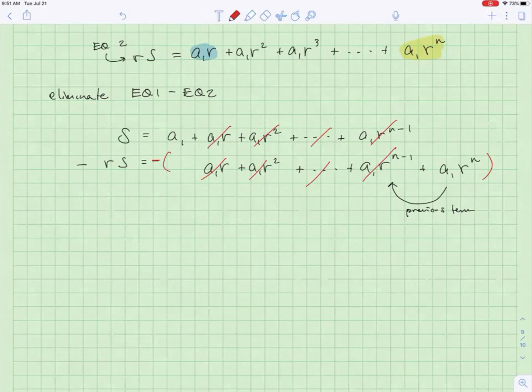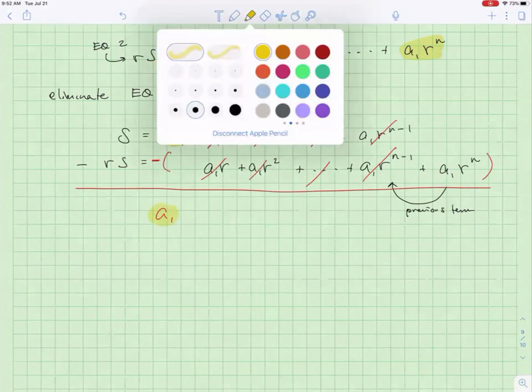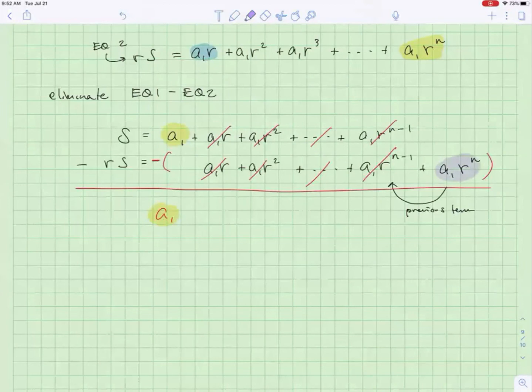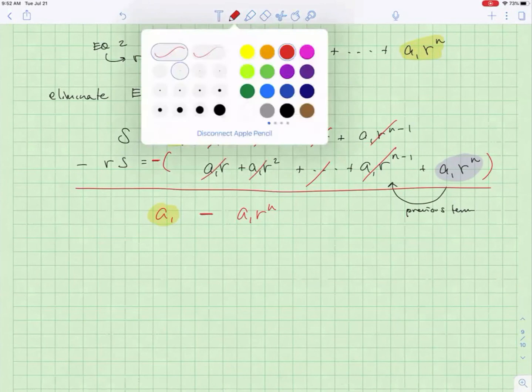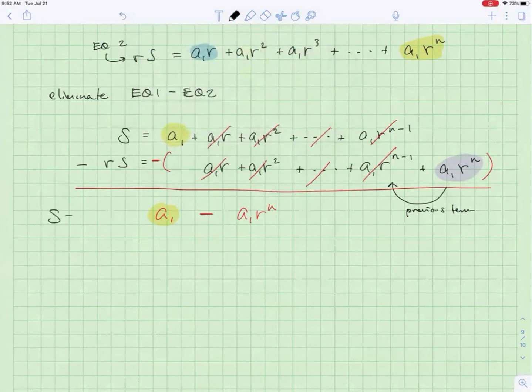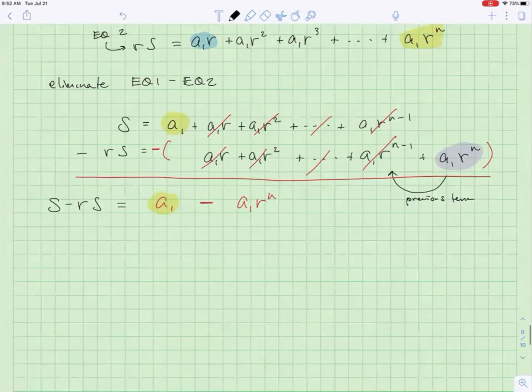What we're going to be left with is an A1 from the first row and this A1R to the n from the last row. But because we're subtracting, it's going to be a difference. So S minus RS is equal to A1 minus A1R to the n.